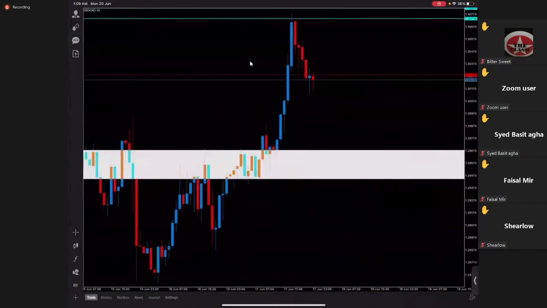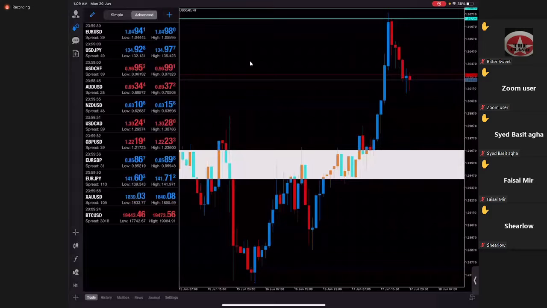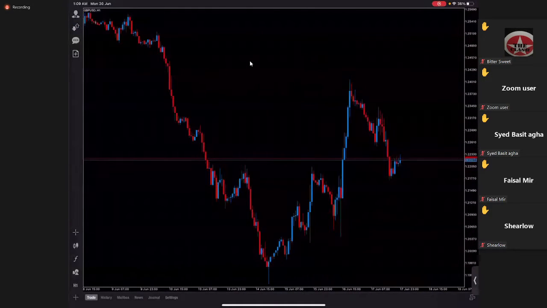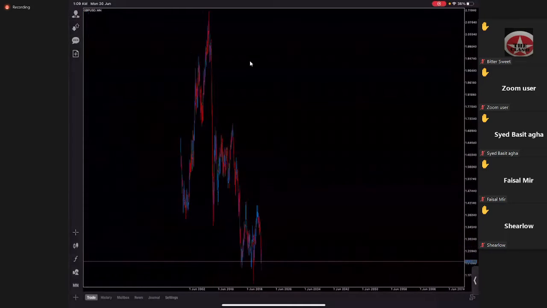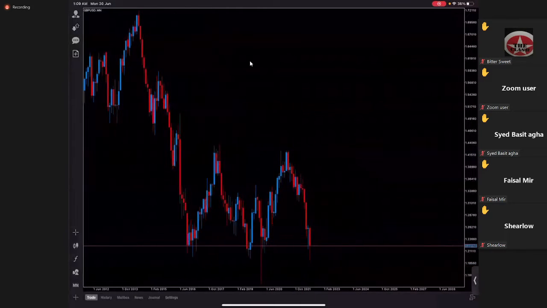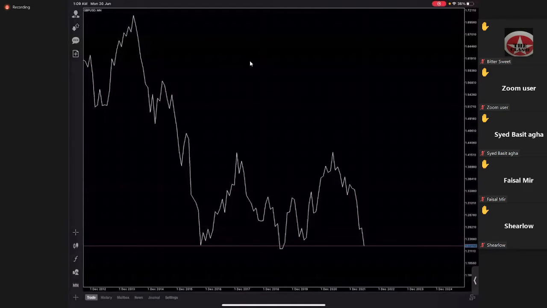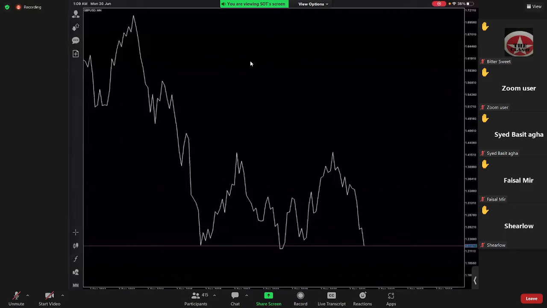Next pair is maybe GU, GBP USD. Buy or sell? Monthly. Just use line chart. If you follow my style, just use line chart. Easy to use. Just mark support.